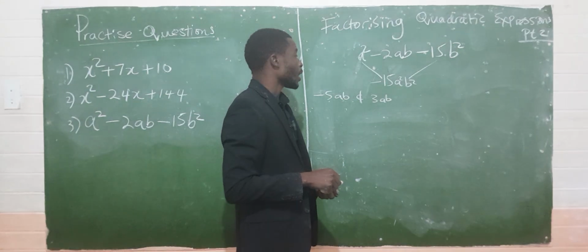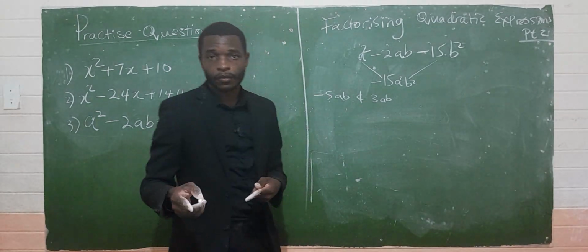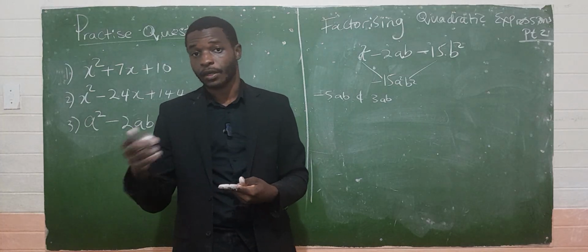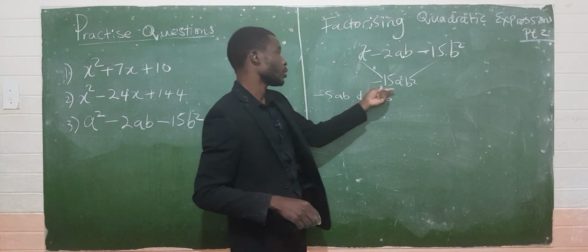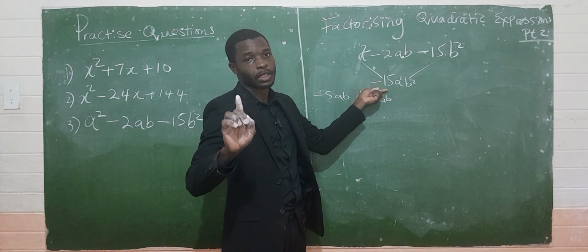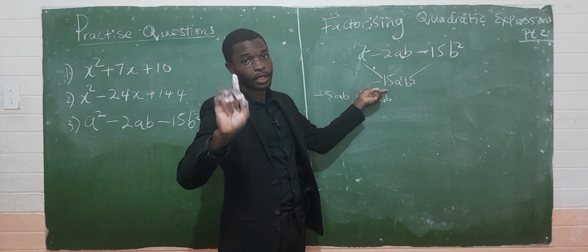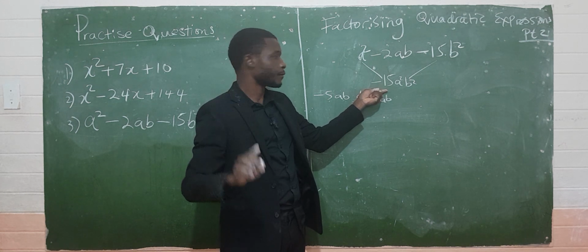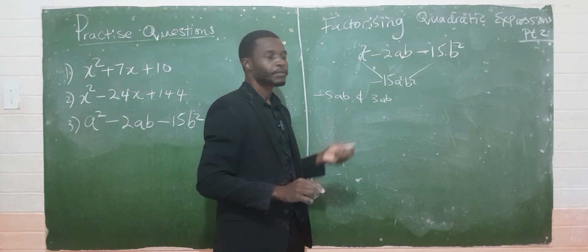First of all, what we can understand is if we want to get a negative product, it means that one of our factors is to be a positive and the other one is to be a negative. Otherwise, if they are all negatives, we'll get this to be a positive. So rule of thumb, if it's a negative here, it means that you need two factors that are opposite, one being a positive and the other one being a negative. And that's what we try to do here, positive and negative.